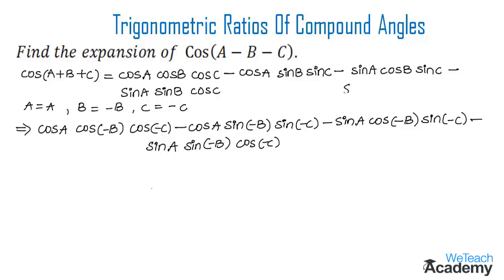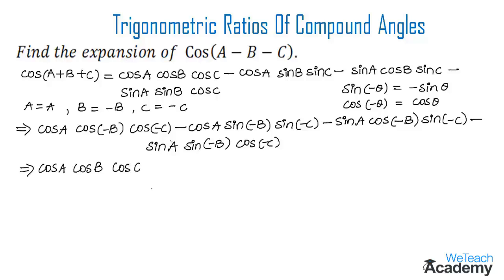We already know the formulas: sin of minus theta is equal to minus sin theta, and cos of minus theta is equal to cos theta. By using both these formulas and rewriting, we get cos A and cos of minus B equal to cos B, and cos of minus C is cos C, minus cos A, and then we have sin of minus B and sin of minus C. Minus into minus will become plus, and plus into minus will again be minus.